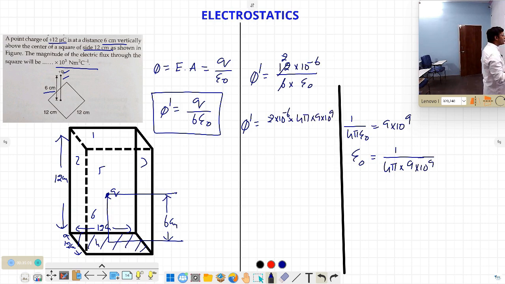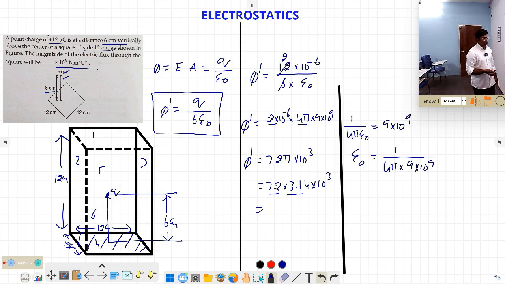Now calculate this value. After calculation, that is nothing but 72 pi into 10 cube we are going to get. What is the pi value? 22 by 7 you can take, or 3.14. 72 into 3.14 into 10 cube by 2. Nearly 72 threes are nearly 210, so it comes around 220.